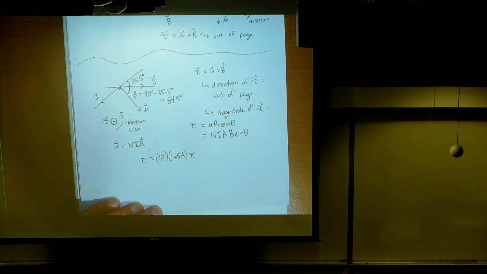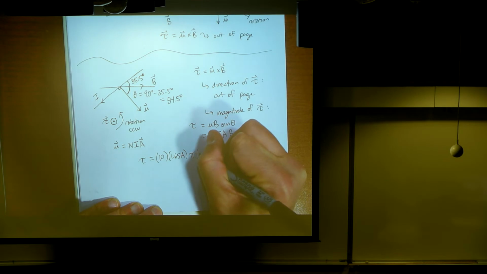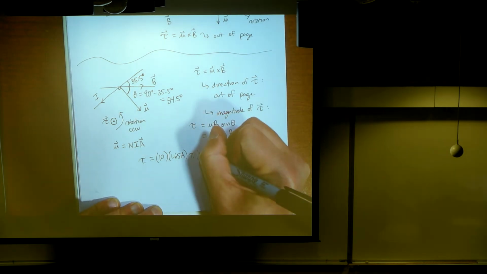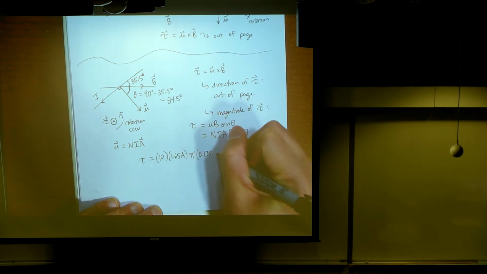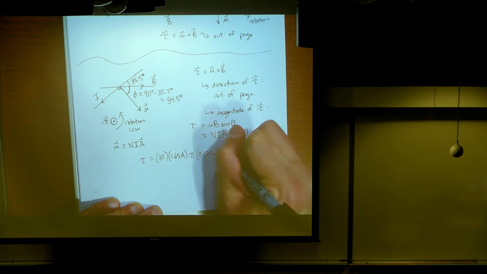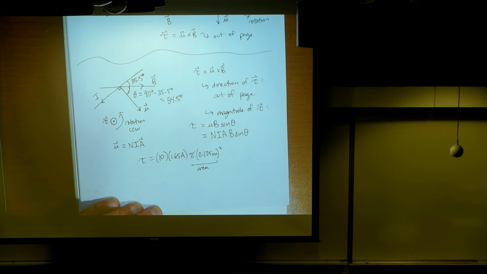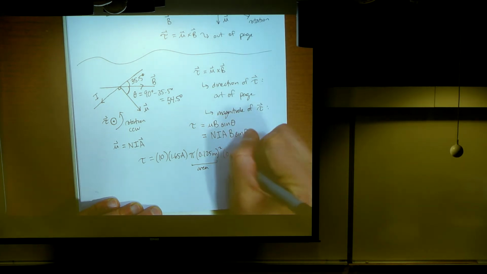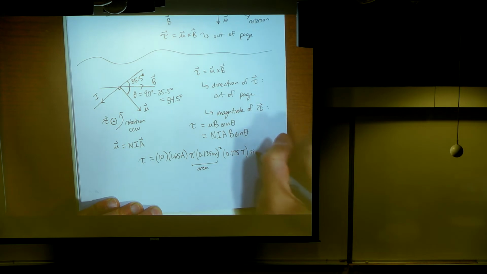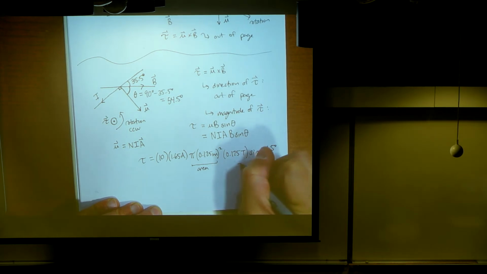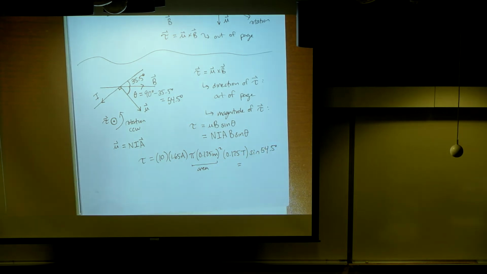So for the area, I'm going to take pi times our radius, which was 12.5 centimeters or 0.125 meters, and square that. So that's the area. And then we have B, 0.175 Tesla. And then we have our sine theta factor, which is sine 54.5 degrees. What does that give us?